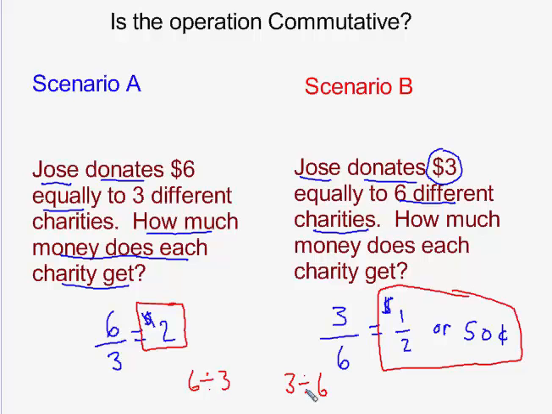We kept that the same, but we switched the order of the division. Instead of $6 being divided amongst 3 charities, it was $3 being divided amongst 6 charities. So we did not get the same answer, and the reason we did not get the same answer is because division is not commutative.